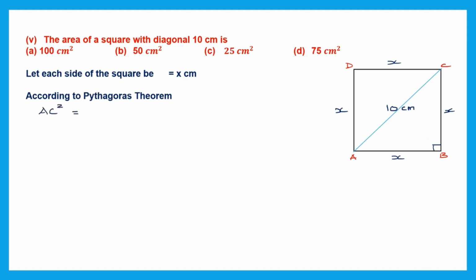This should be equal to the sum of the squares of the other two sides, that is AB square plus BC square. Now we have been given only the value of AC. So that means 10 square is equal to AB square, which is x centimeters, let's remember that, plus again x centimeters.